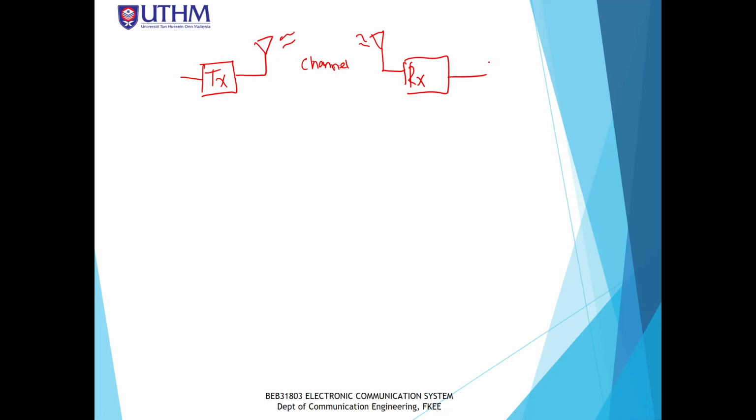Okay, so now we have a digital input. When we do the ASK, amplitude shift keying modulation, we are actually having a digital input.